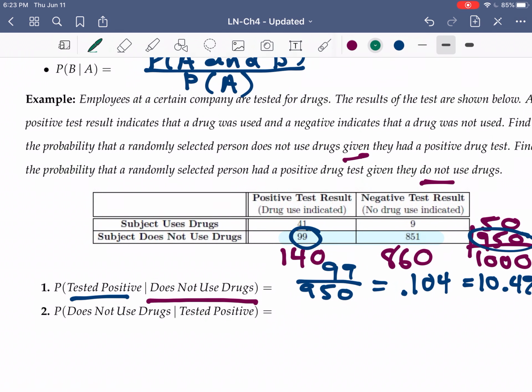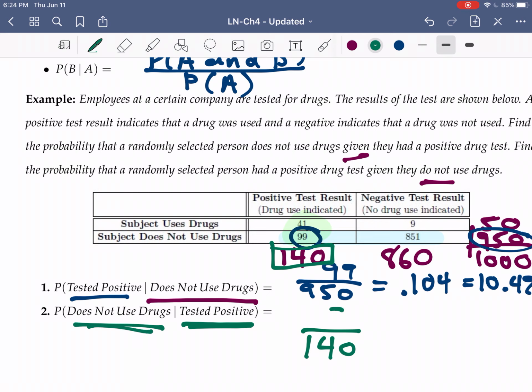The second part is we want to look at what is the probability they do not use drugs given they tested positive. So here we know they tested positive, so they're part of those 140 people here. From those 140 people, how many did not use drugs?